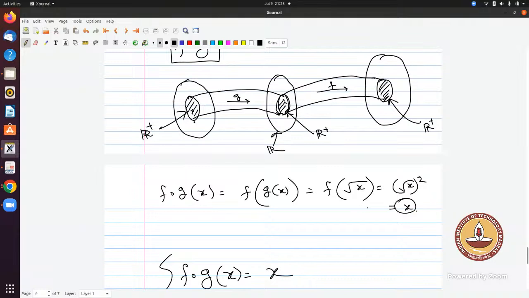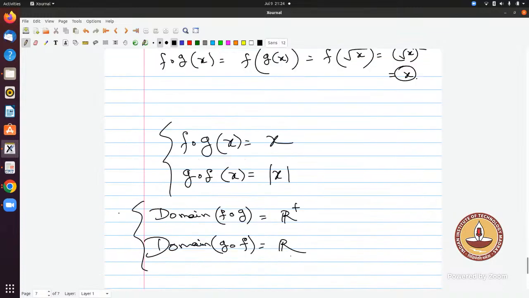Only X is enough. Okay, sir. You can write it as mod X because this is only on R plus. So mod X and X are the same thing on R plus. Yes, sir, I got that. So that is what the function is. Is this fourth thing clear to everyone?